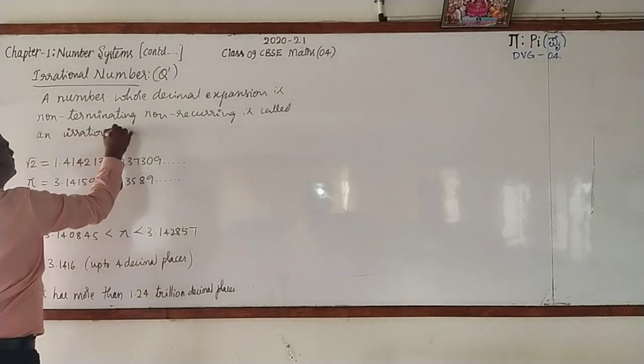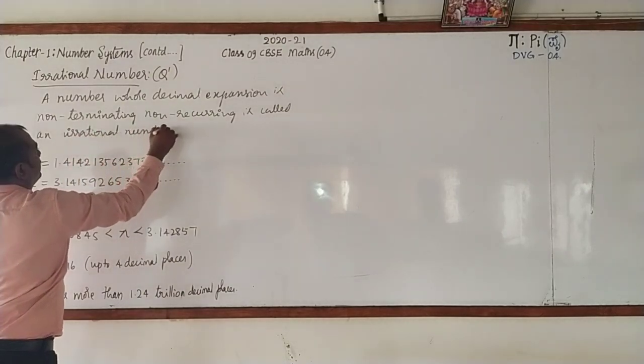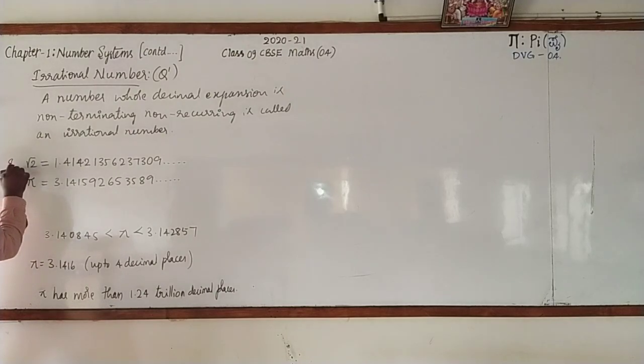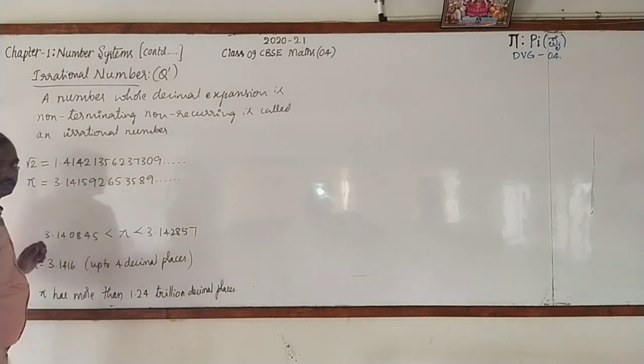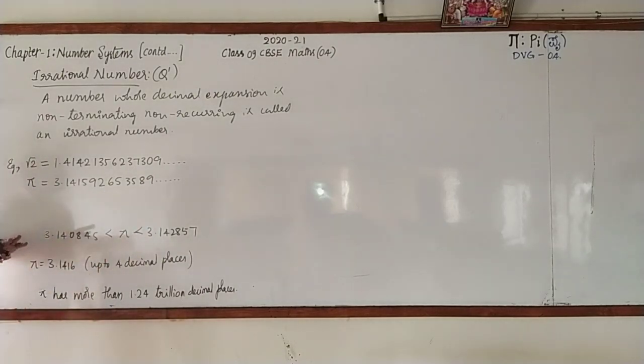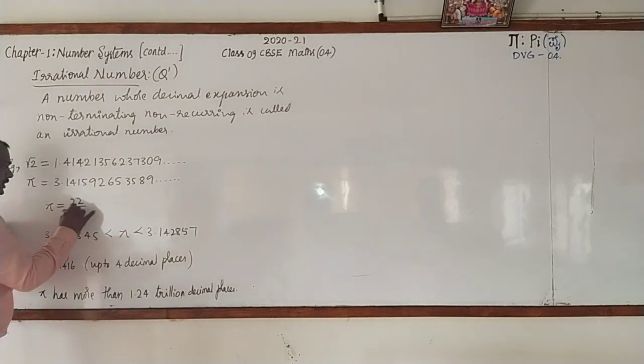And for the example, you may copy this root 2 value and this pi value. Now we all know that many times we take the value of pi as 22/7.